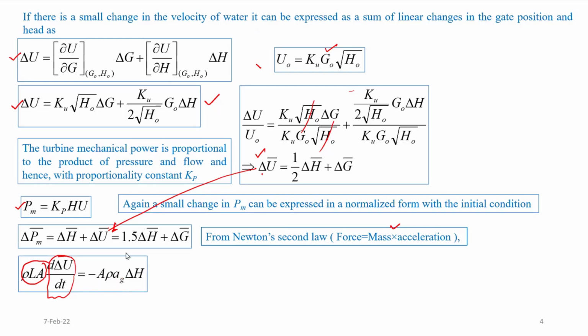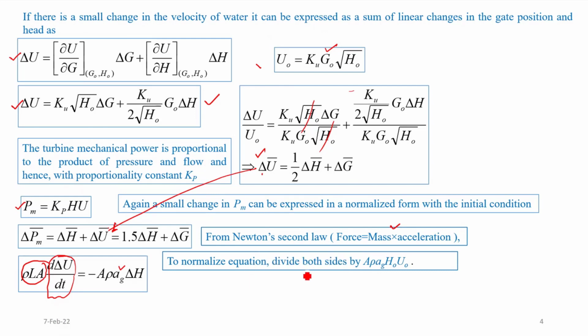Okay, so this rho Ag is your force. Okay, so to normalize the equation, I will now divide both sides by A rho Ag H naught U naught. If I divide both sides, in the normalized form the equation will be L U naught divided by Ag H naught, that is d by dt of delta U bar, right, equal to minus delta H bar.